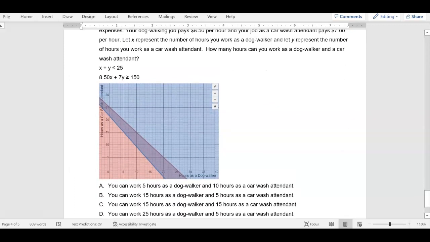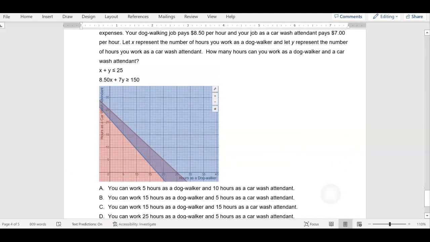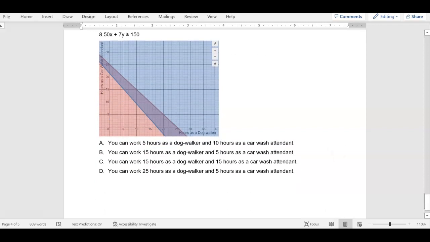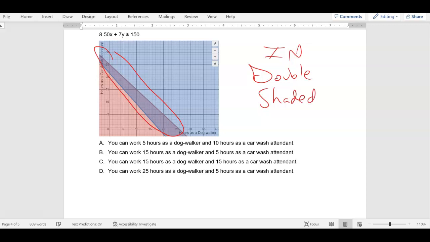How many hours can you work as a dog walker and a car wash attendant to make it work here? Please remember, it needs to be in the double shaded area. Let's try this.